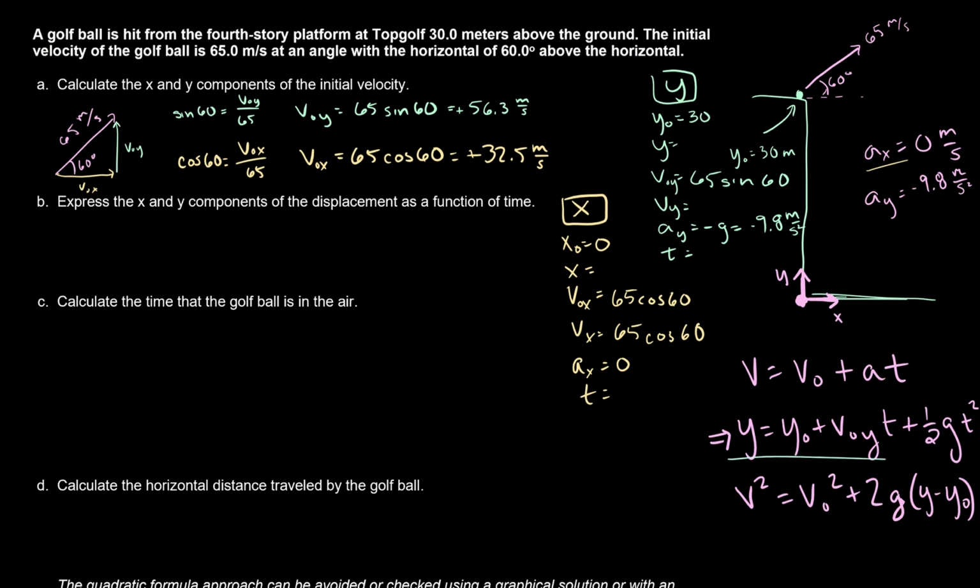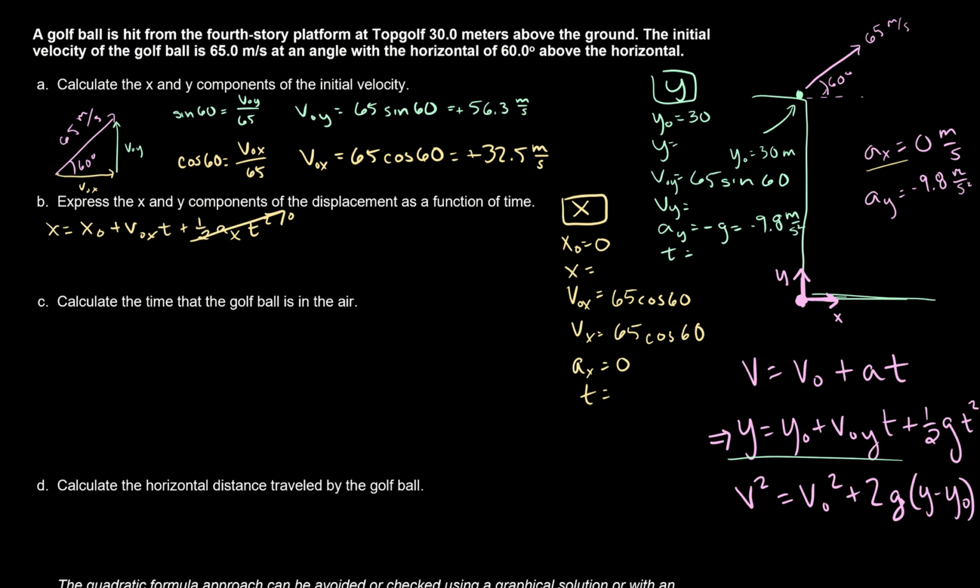So like I said, this is our equation we're going to want to use. This is our position as a function of time equation. For the x direction, if we were to write this out, x equals x naught plus v naught x t plus 1/2 a x t squared. Well, a is just 0, so that whole term cancels out to 0.